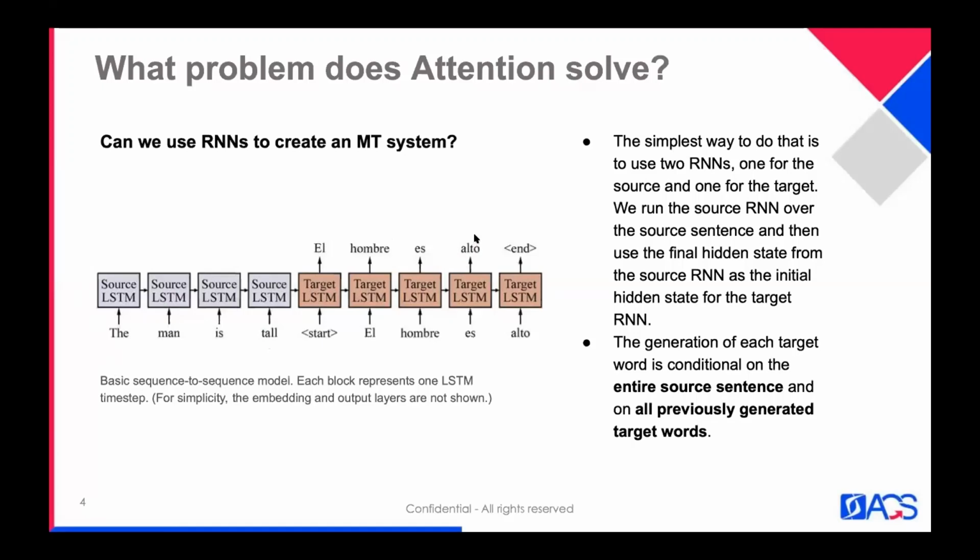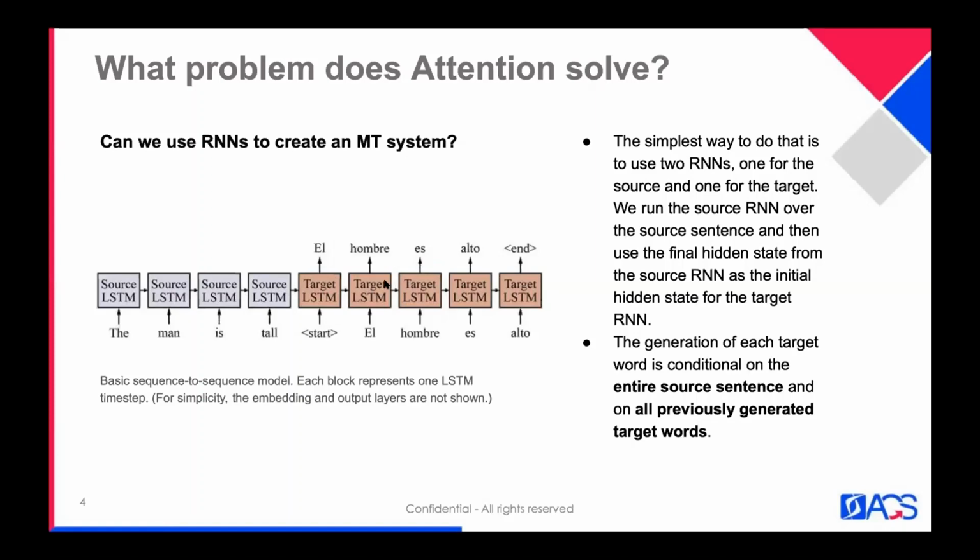What we can see here is that the only link between the source RNN and the target RNN is this vector here, and this vector should contain all the information about the source sentence in order to produce the target sentence.